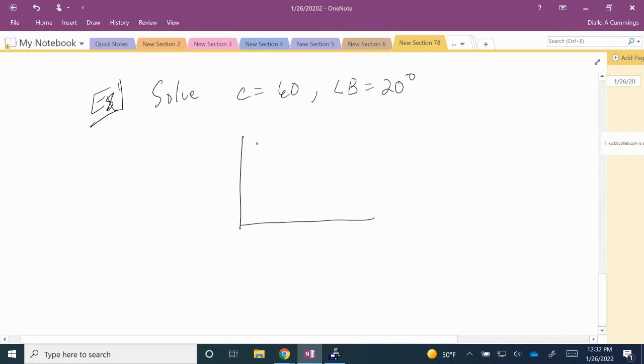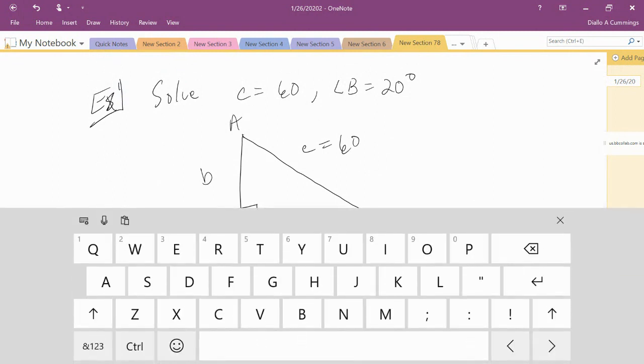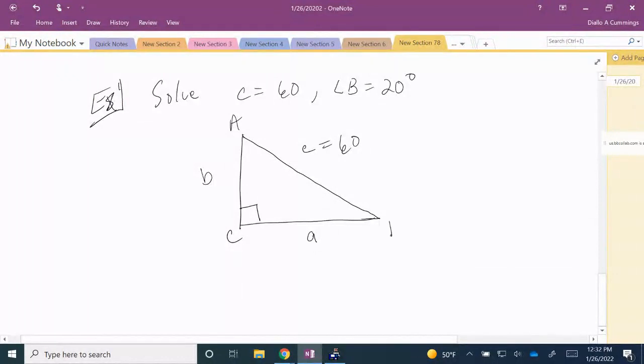When you're using this standard labeling, C is always going to be your hypotenuse. A and B are just arbitrary, so I'm going to call this A, and I'm going to call this B. So we have side length A here, and side length B here. We're given that side length C is 60, and angle B is 20.